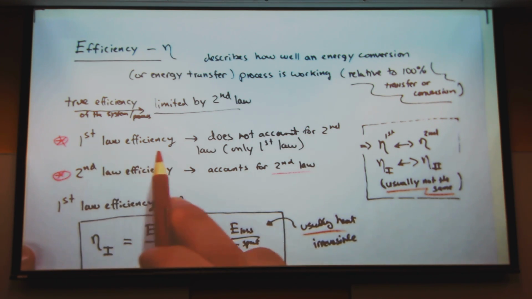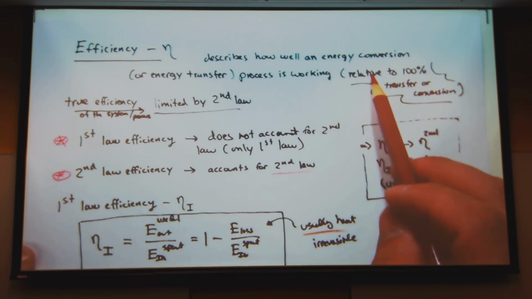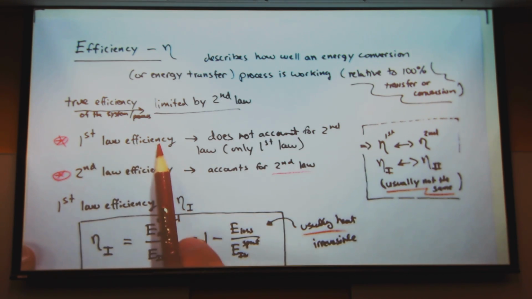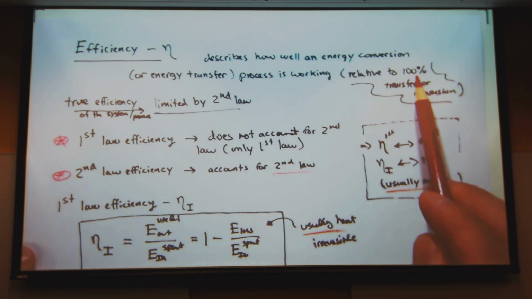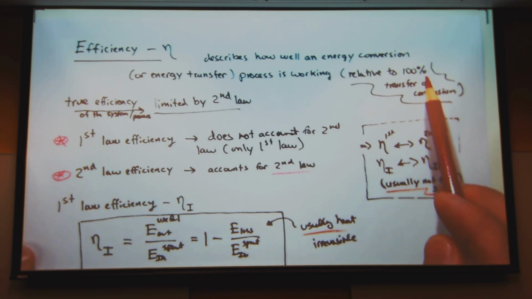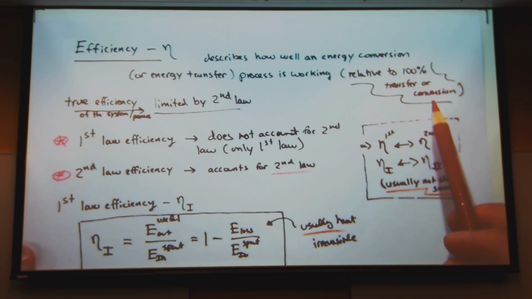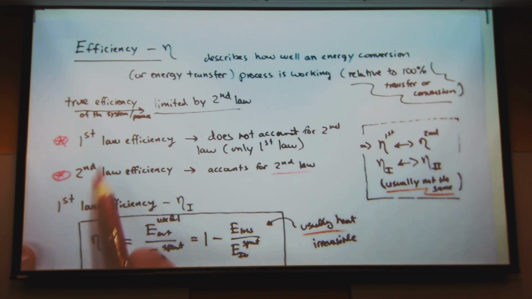And this first law of efficiency, if you look up here, it says relative to 100% transfer or conversion. Actually, the first law of efficiency is relative to 100% possible transfer or conversion. So the first law takes into account, well, if I wanted to convert all the energy, then it would be 100%.